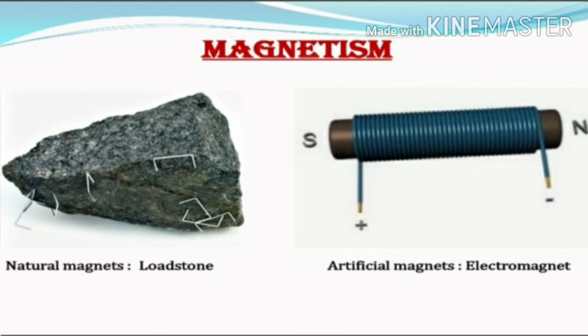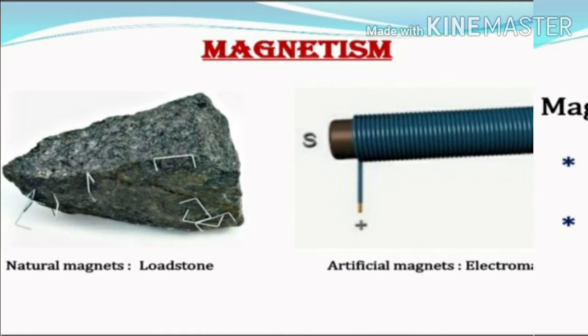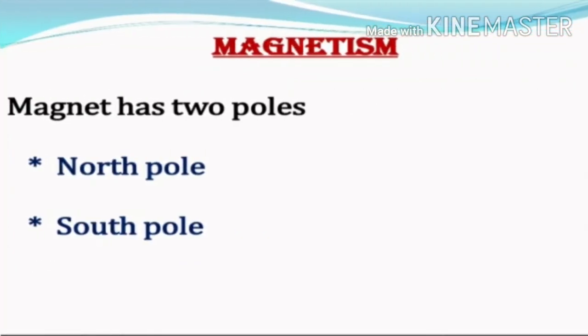Man-made magnets are called artificial magnets, for example, electromagnet. A magnet has two poles: first, north pole, second, south pole.